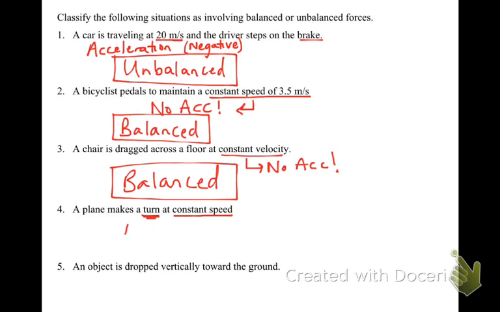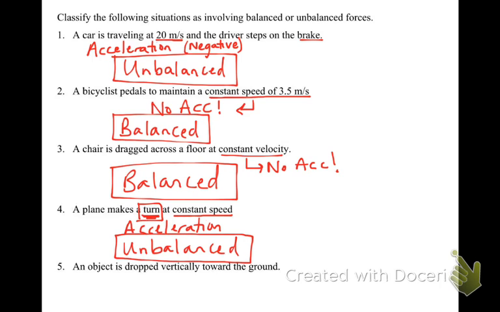Therefore, we're experiencing acceleration. Even though it says constant speed, we're making a turn. These must be unbalanced. That one was a tricky one. I know. And an object is dropped vertically towards the ground. It's experiencing our acceleration due to gravity.